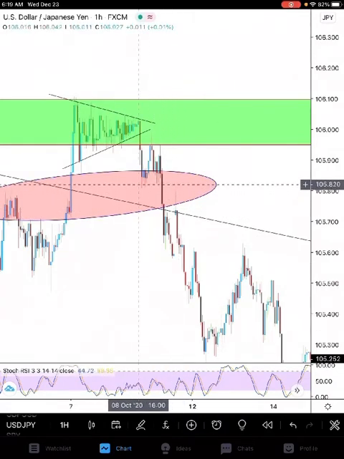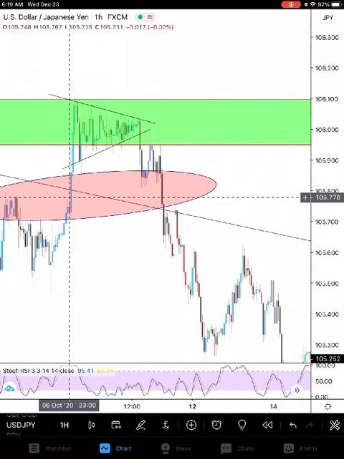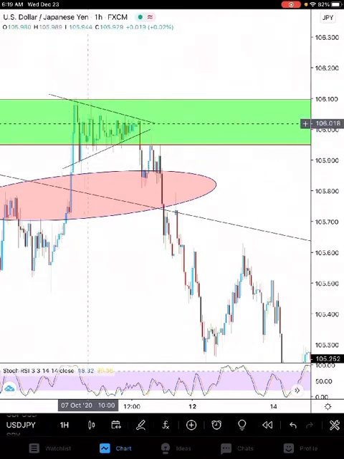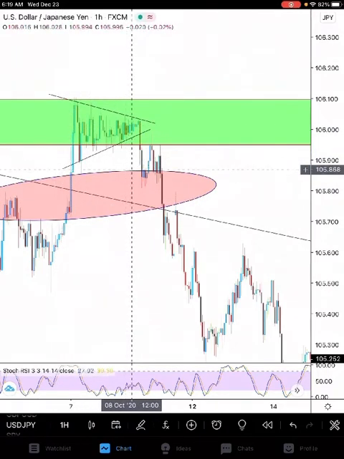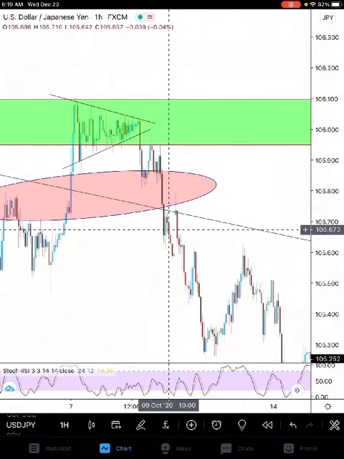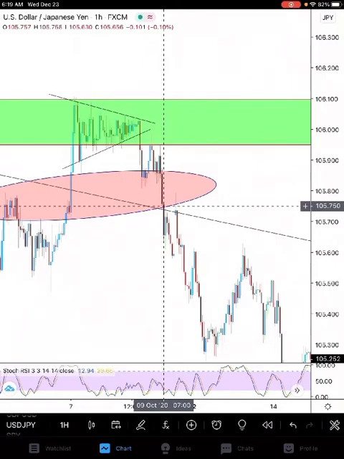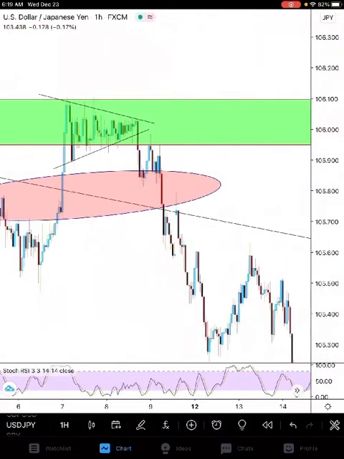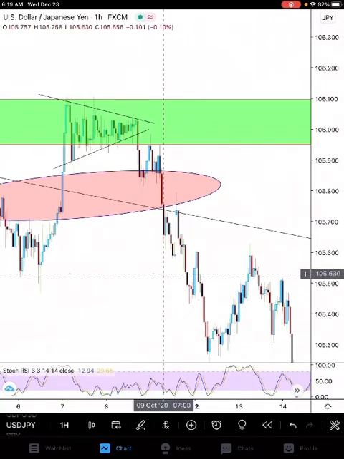So you were anticipating a sell here, you got a break above, you got a little bit of support, but then you got a break back below. And what's even more, this break below pretty much lines up with our US session, right?